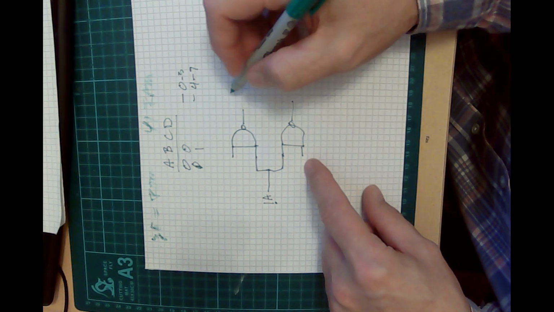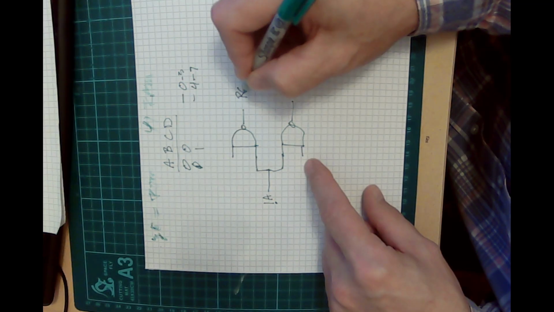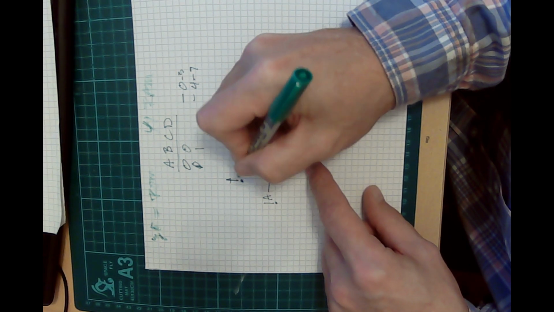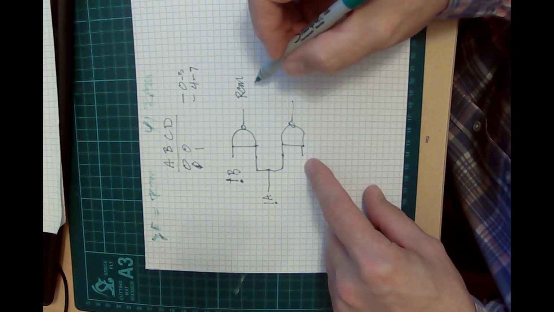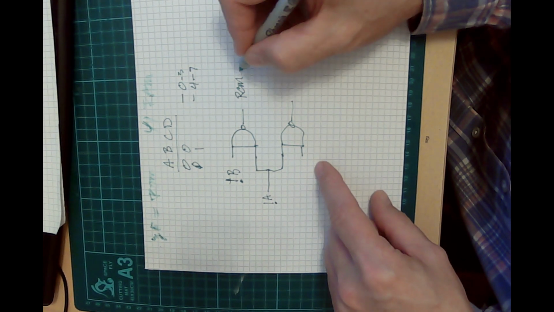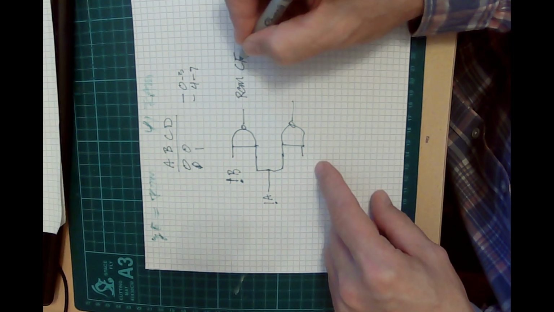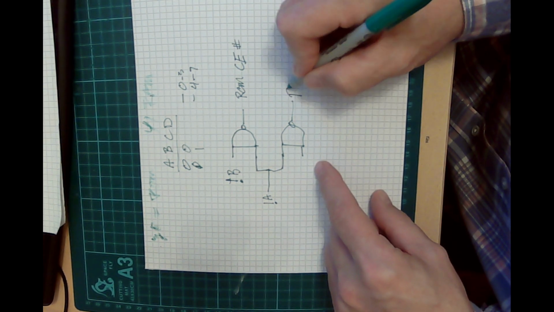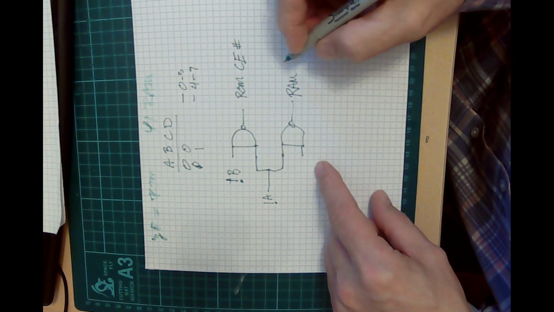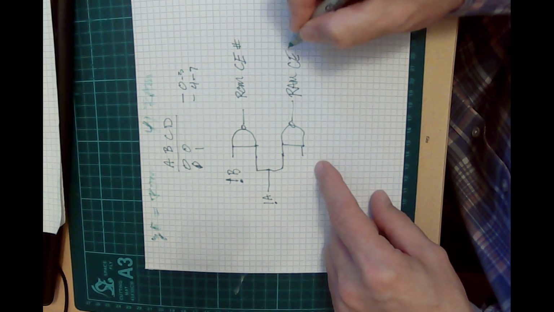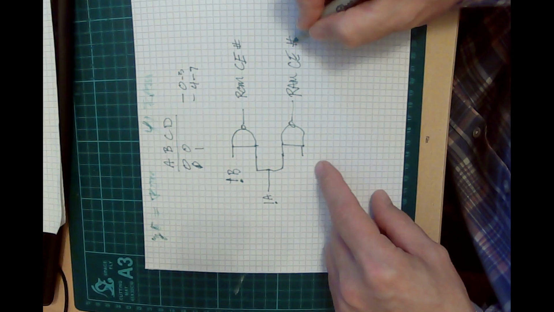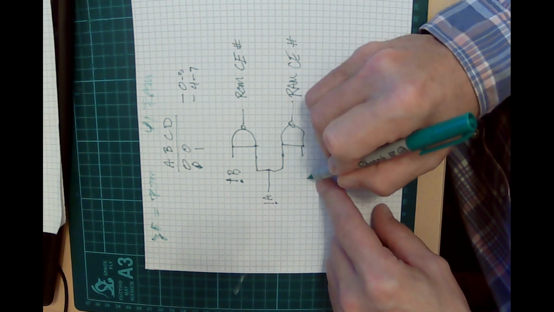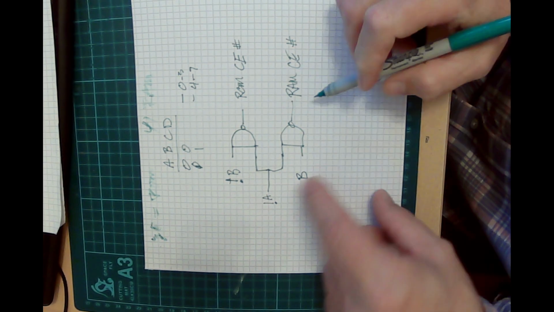And if I want the ROM to be selected, I want not B, okay? And then that will make the ROM chip enable low. And if I want the RAM chip enable to be low, then here I just put in B rather than not B.